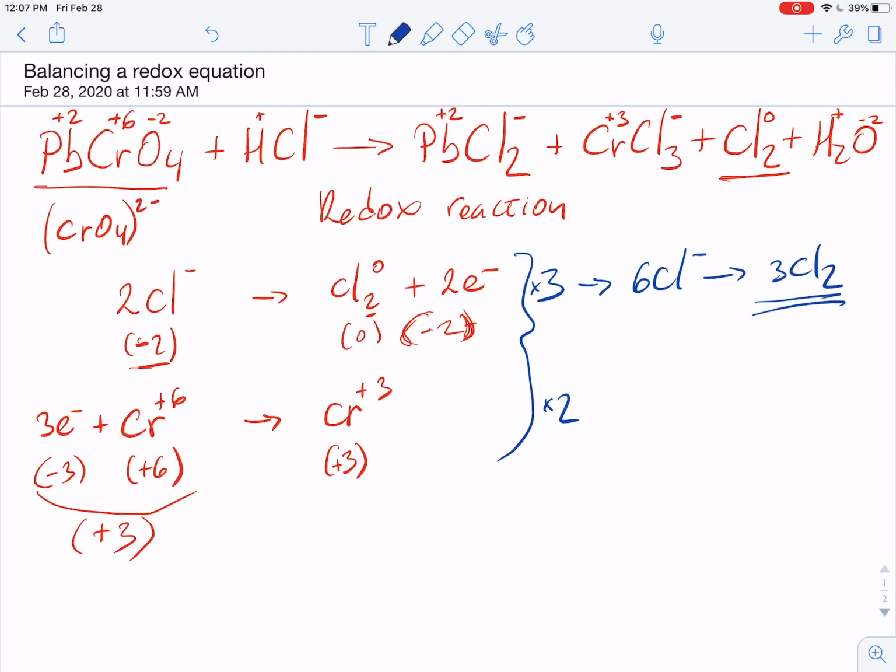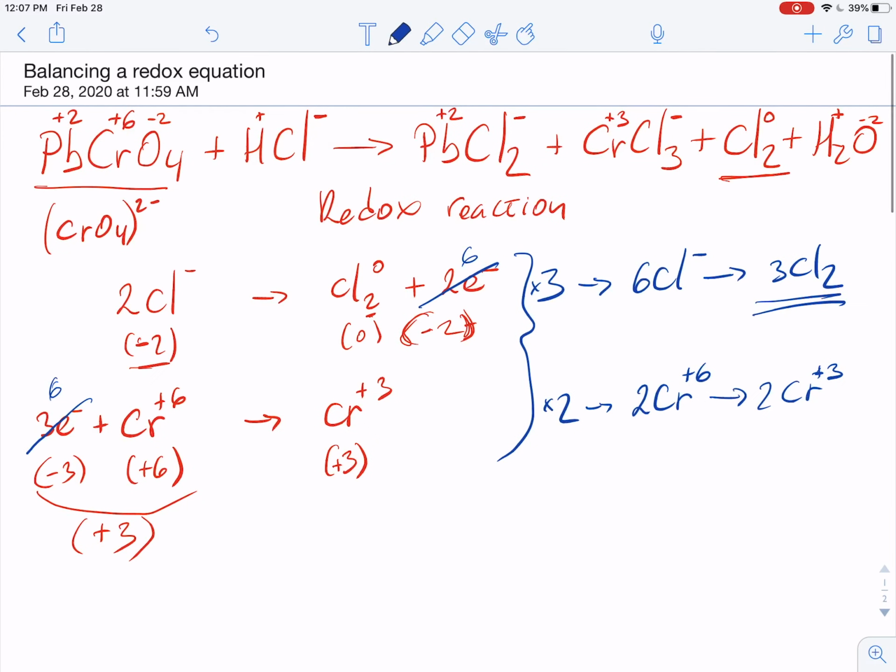We worry more about the molecular chlorine. In a minute you will know why. And here we have 2 chromiums +6 that go to 2 chromiums +3. Because the electrons are equal, you will have 6 electrons on each side, and you cancel those out.